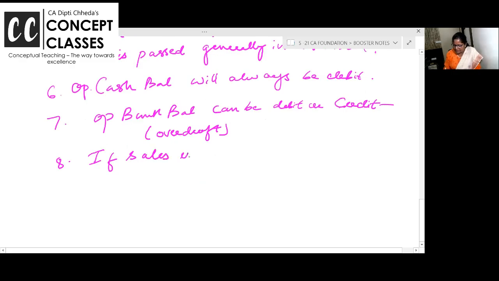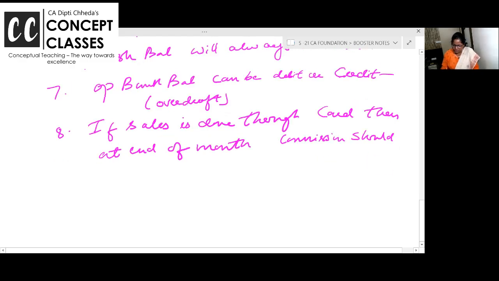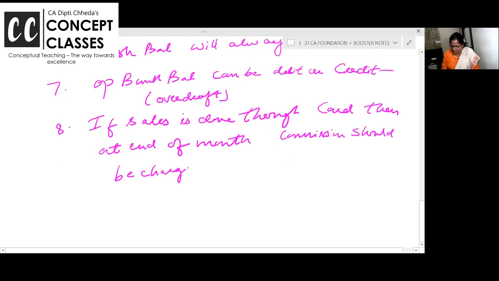If sales is done through cards, then at end of month, total sales which you have done through card, then at end of month ऐसे लिखो, commission should be charged. कैसे चार्ज करोगे कमीशन?